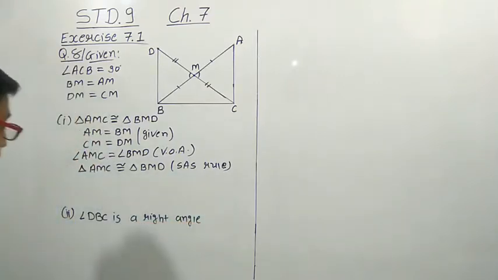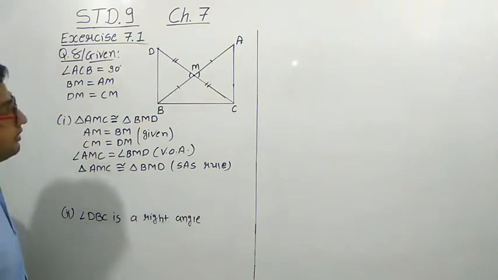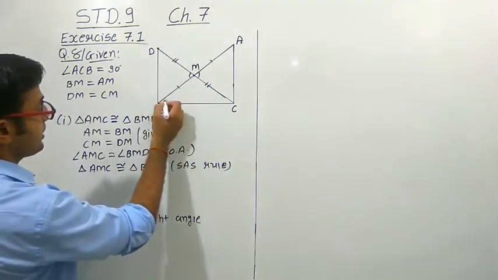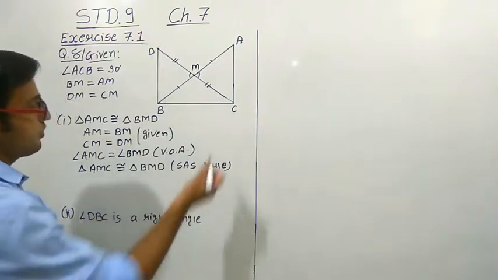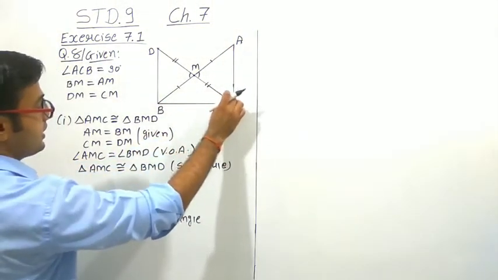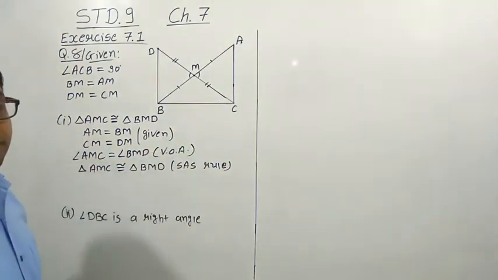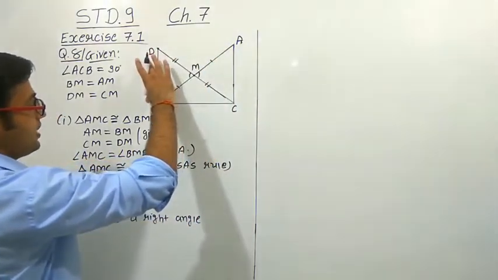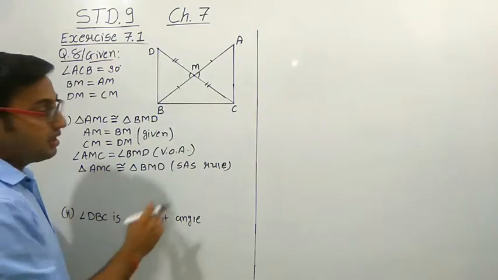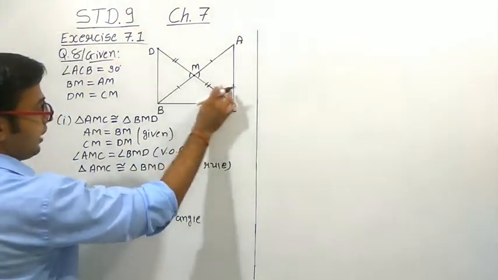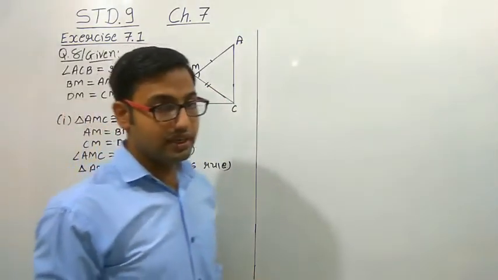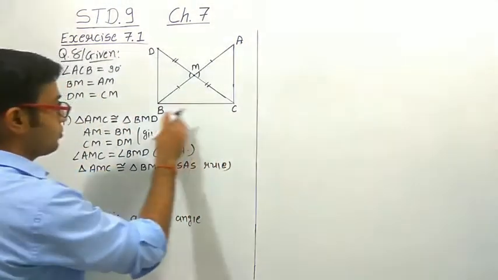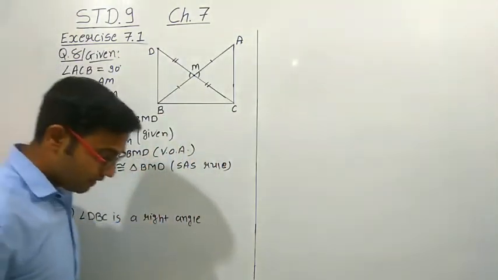Now see how we can prove that DBC is a right angle. DBC means this angle. One of the angles given is that ACB is a right angle. So you are thinking that AC is parallel to BD. If we take CD as a transversal, then the addition of these two angles will be 180 degree. This is 90 degree, so obviously this angle will also be 90 degree.